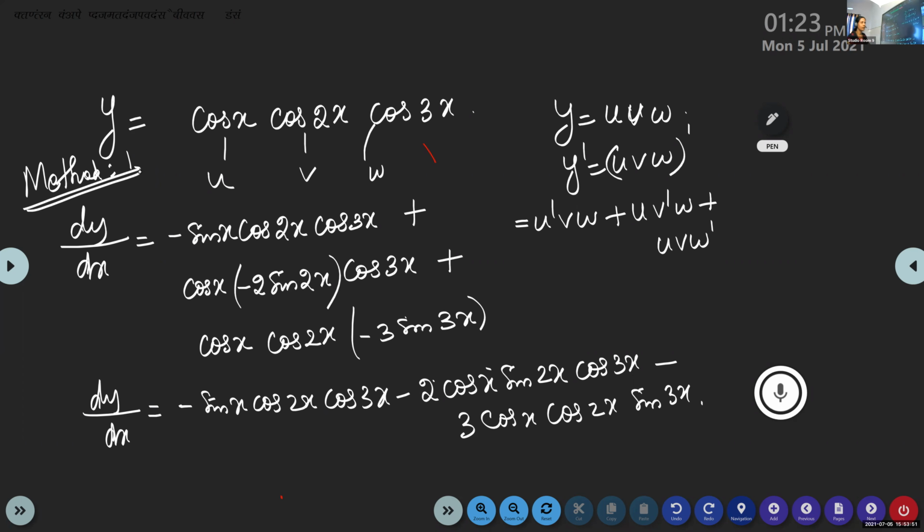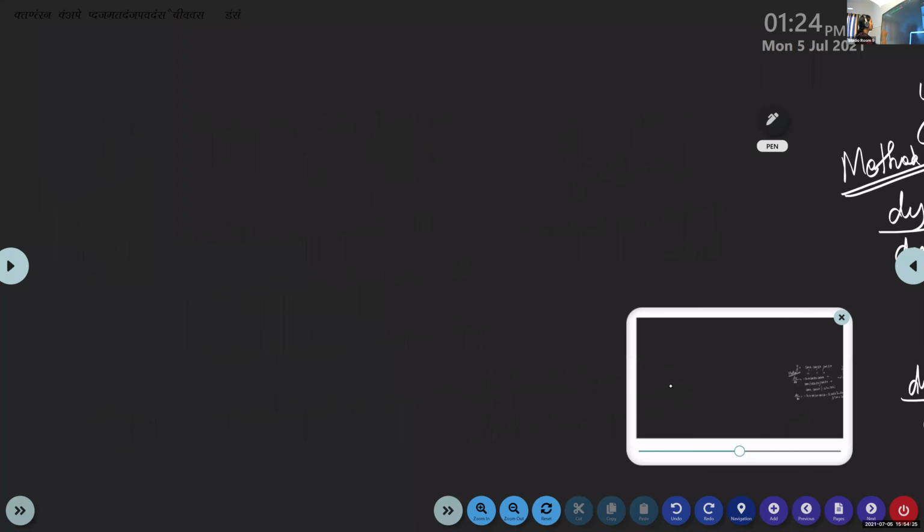This first one we did using the product rule of three functions, u, v, w. Now the same one, I'm going to do using logarithmic derivatives.